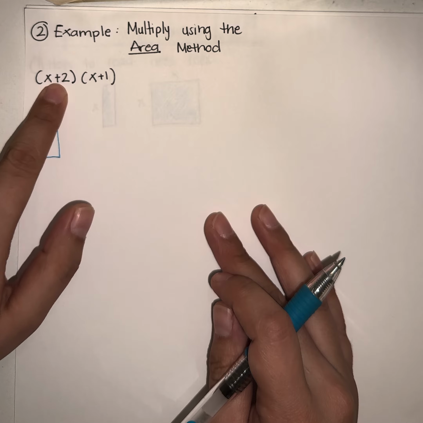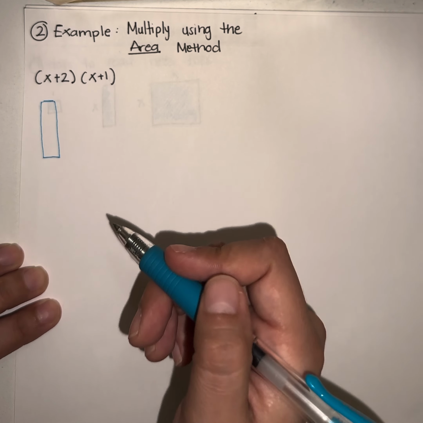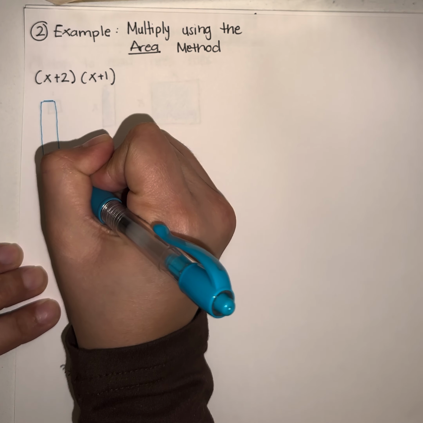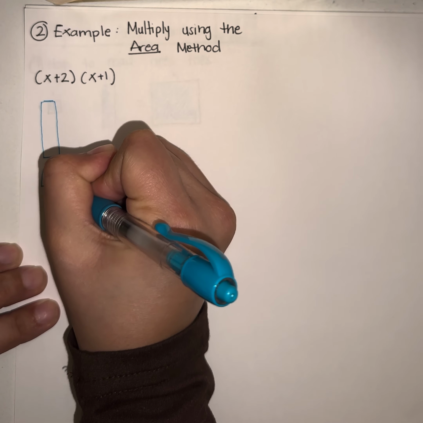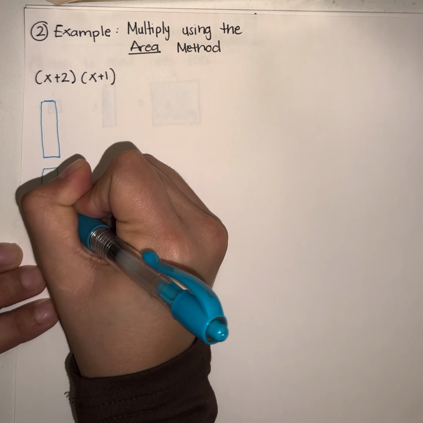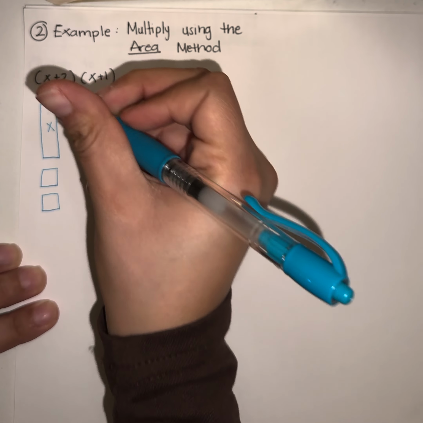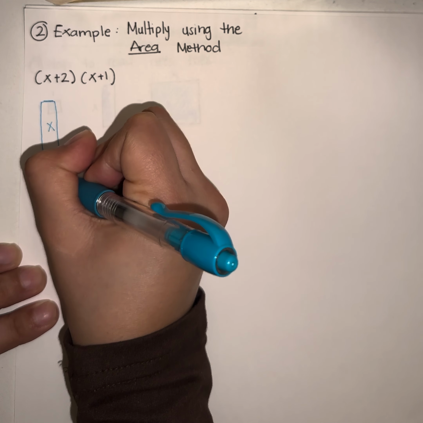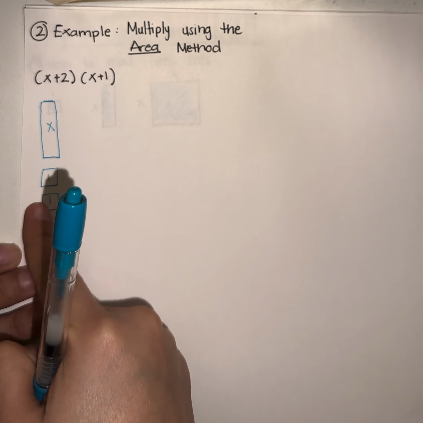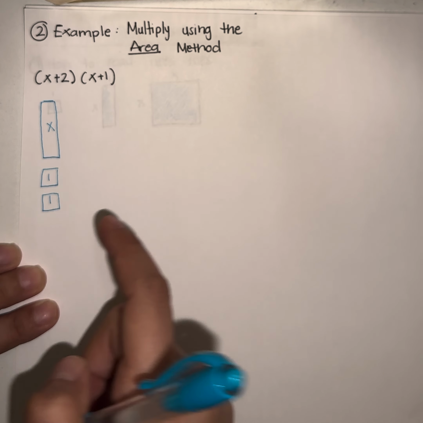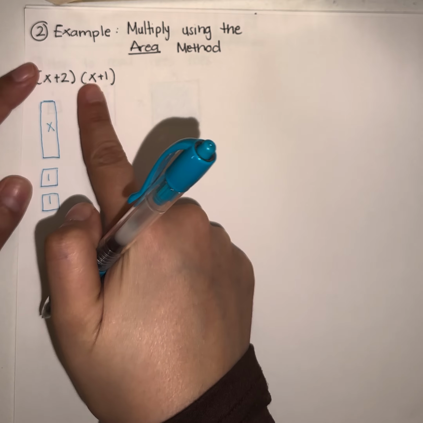Now we have a plus 2, so we're going to add 2 of those smaller squares. Here's 1, here's 2. So remember, 1 plus 1 is 2. X plus 2.